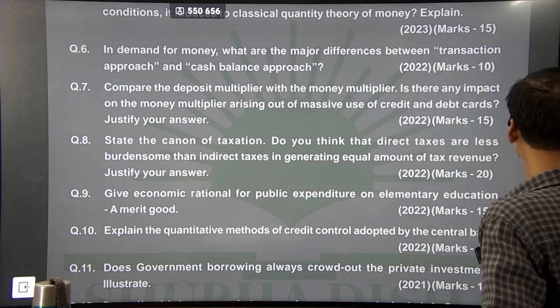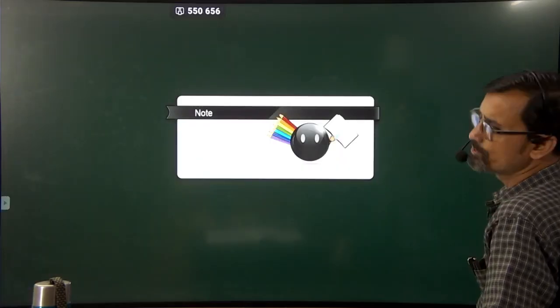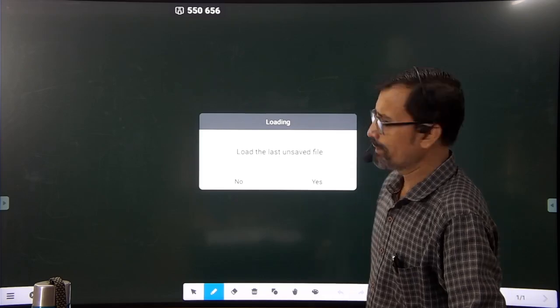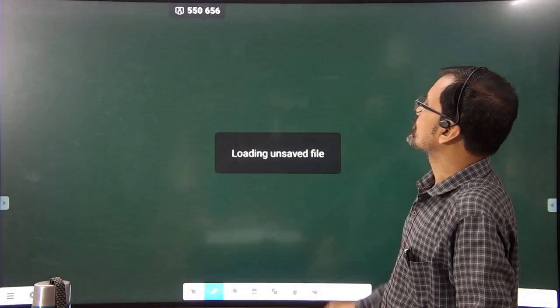Now you see, how can we compare this deposit multiplier with the money multiplier? Let's discuss.